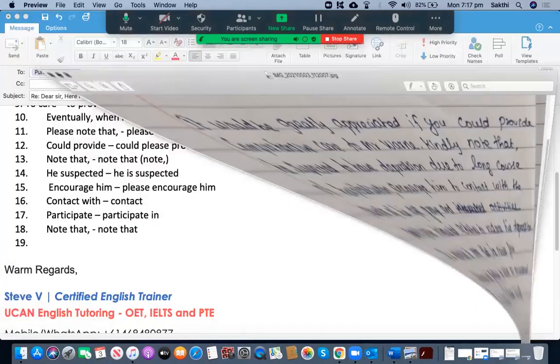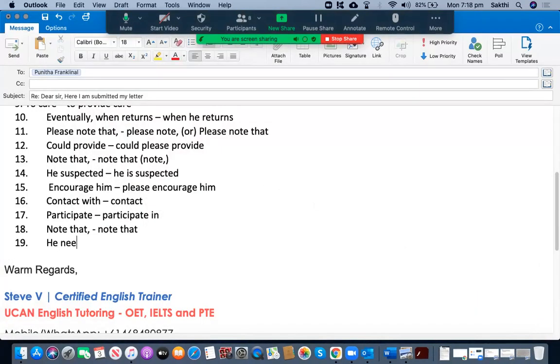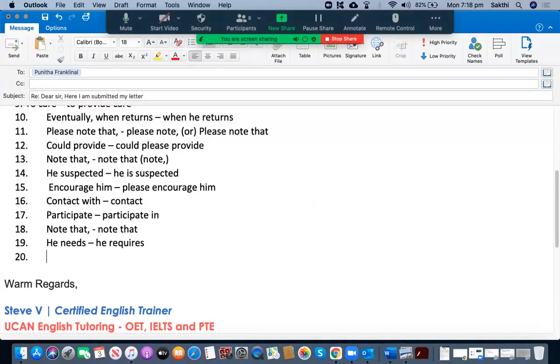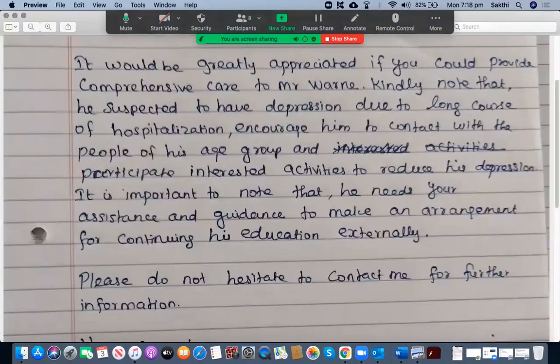He needs, no, he requires. Never ever use informal phrases. "Needs" is an informal phrase; use "he requires." Otherwise, you could use a different sentence structure.